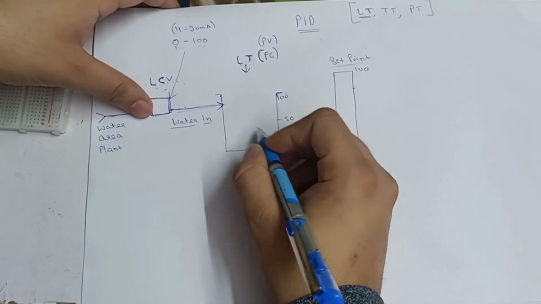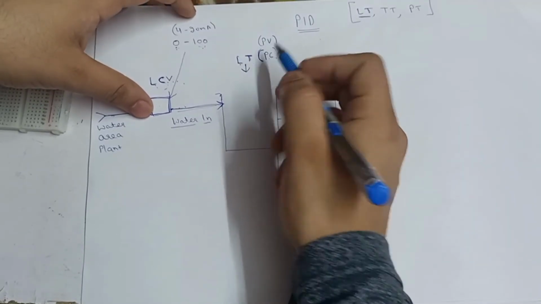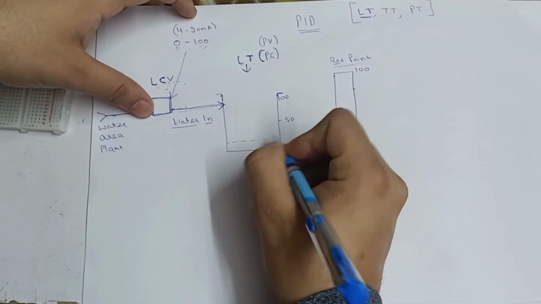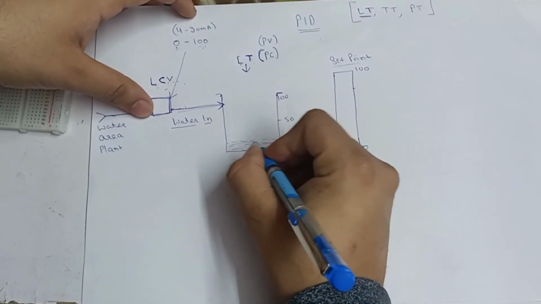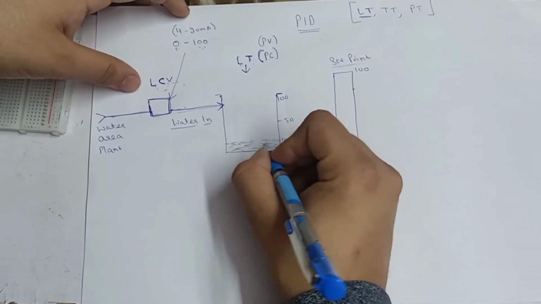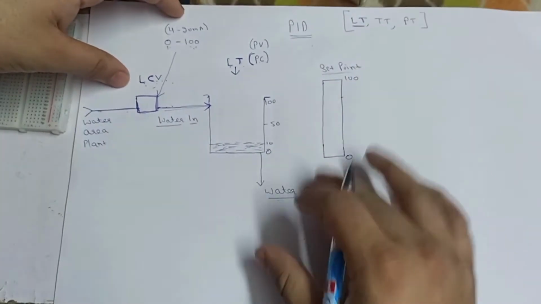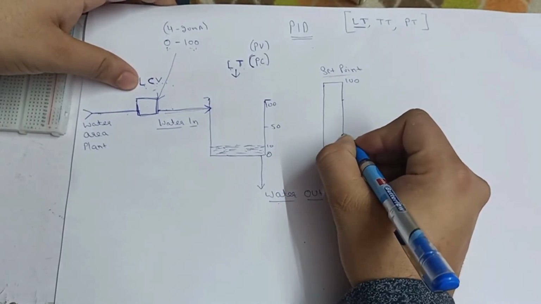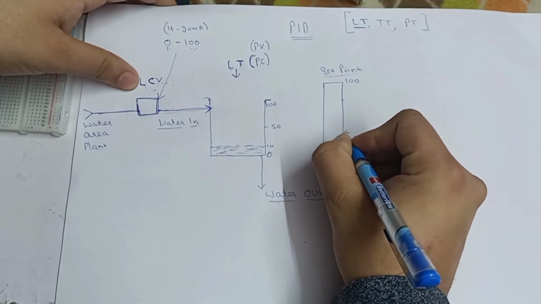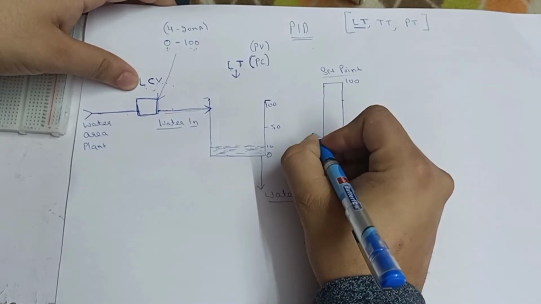First your LT, or process control, is 10% filled. What do you do first when I set a point here, like 30%?